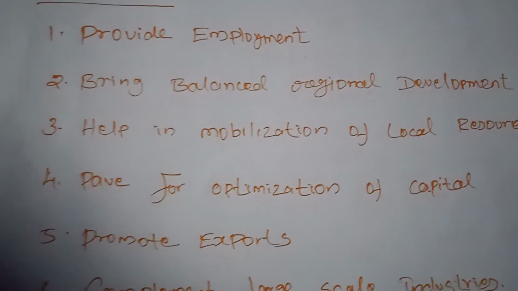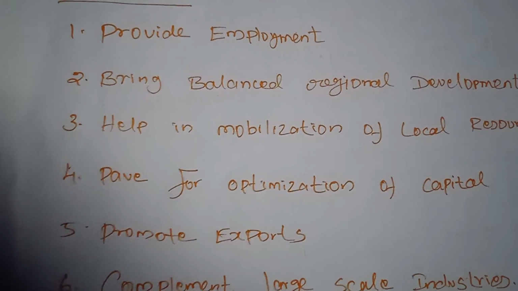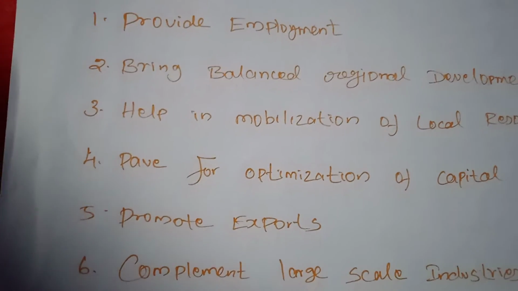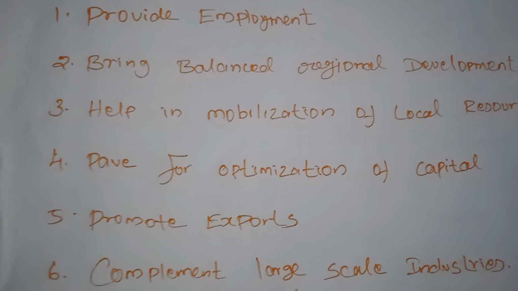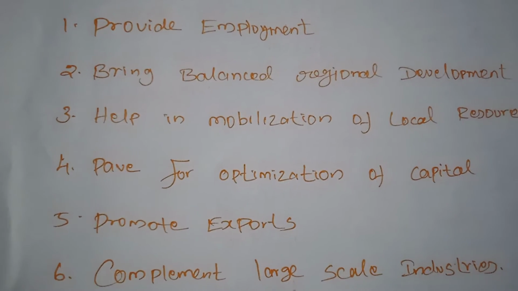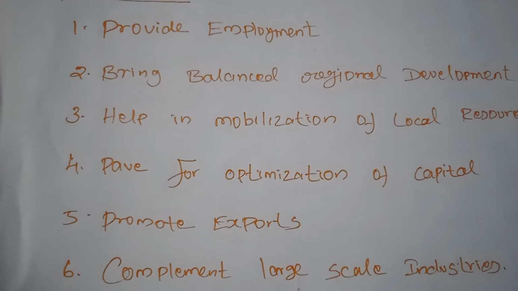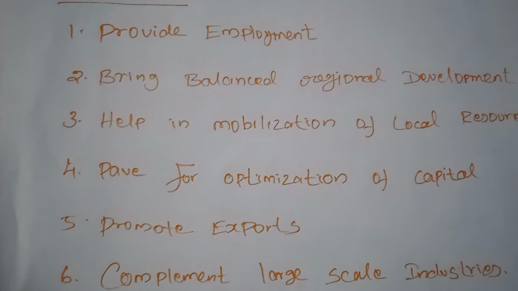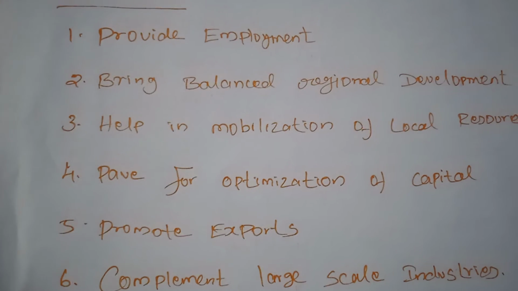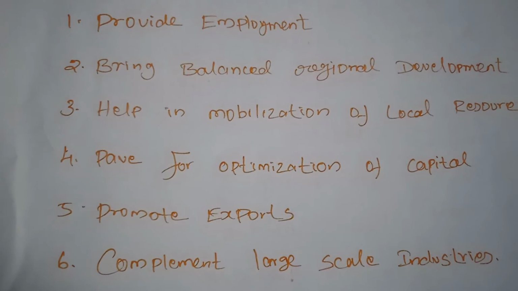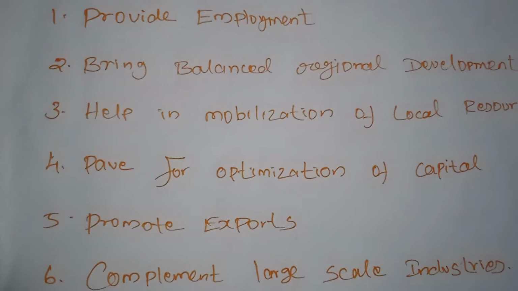Next, they help in improving the standard of living of people residing in suburban and rural areas in India. As we studied already, they provide employment opportunities, and because of that the living standard of people from rural areas will also be improved.